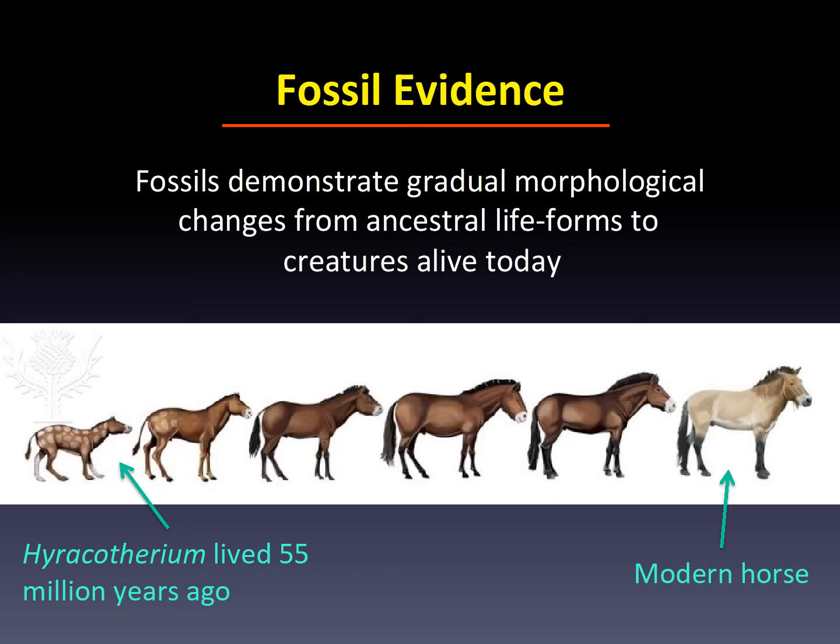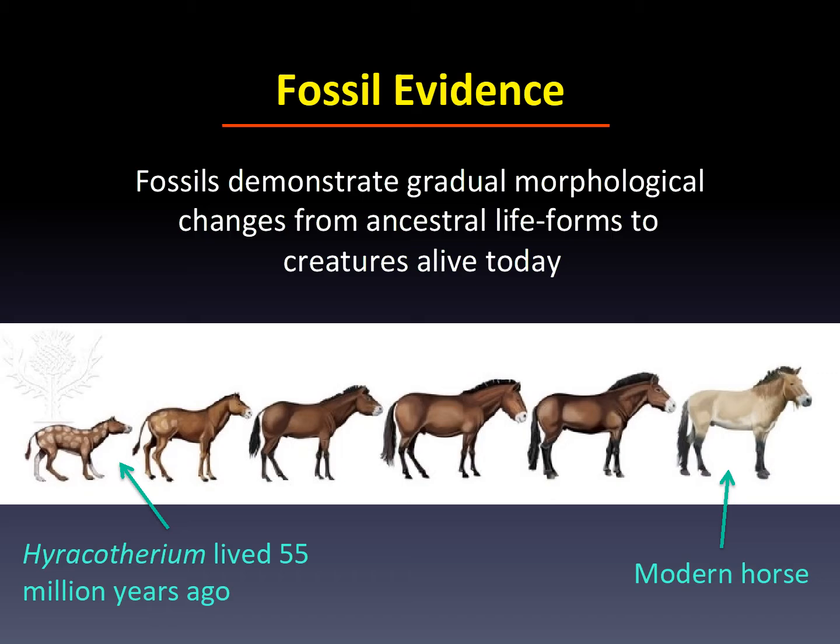And we have several examples of transitioning forms. So here I'm showing the presumed ancestry of the modern day horse, going back stepwise all the way back to an animal that lived 55 million years ago called the Hyracotherium. This is one example of fossils demonstrating a gradual morphological change from an ancestral life form to creatures that look more and more similar to those that are alive today.